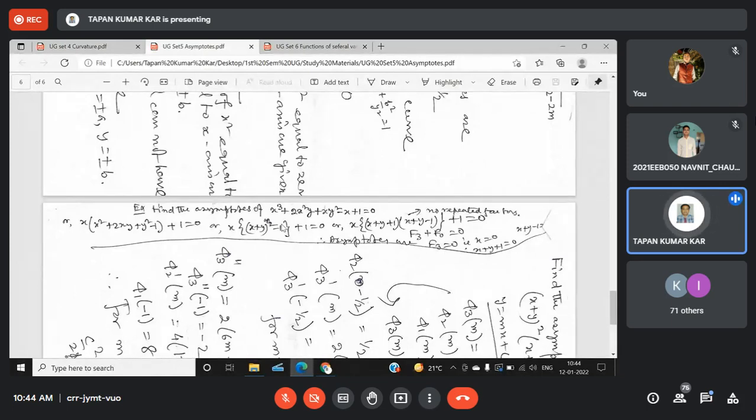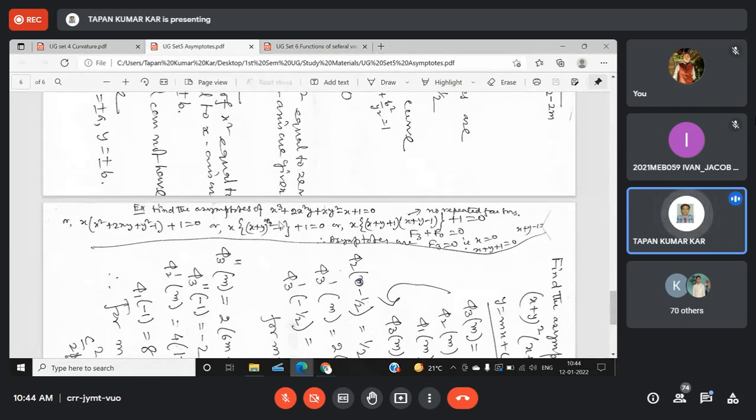You can use the formula that I have described, because look at this. Are there any asymptotes parallel to the y-axis? Yes, there are asymptotes parallel to the y-axis because y cube is absent. But there are no asymptotes parallel to the x-axis. So first find the asymptotes parallel to the y-axis.